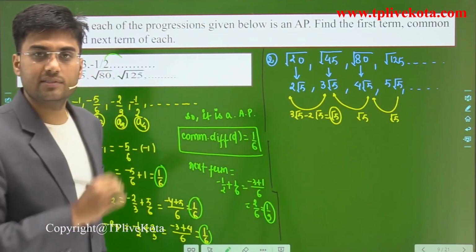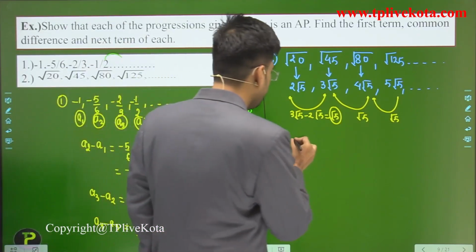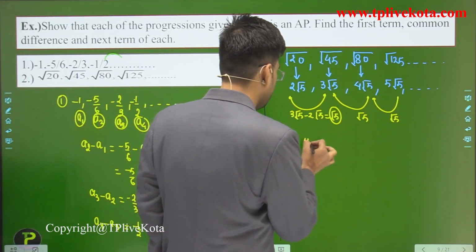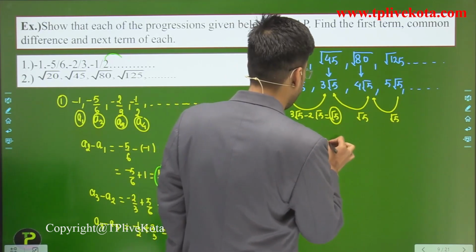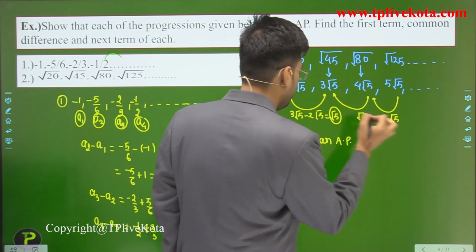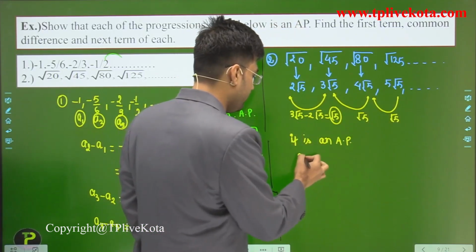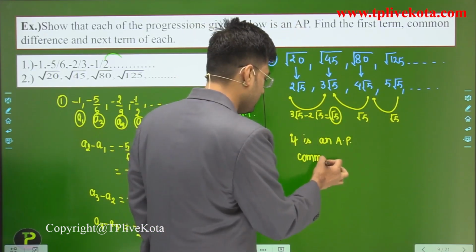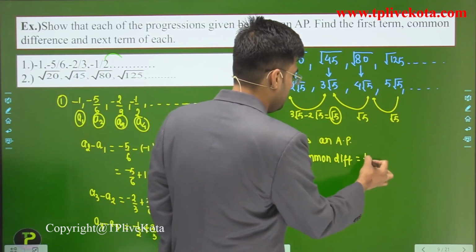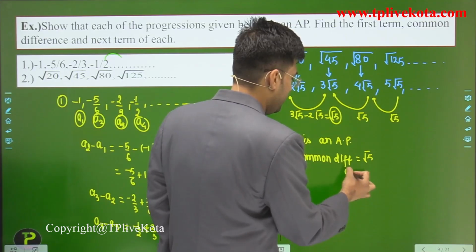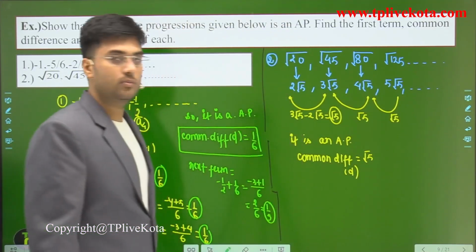So all the differences are the same, so we can say that it is an AP. Clear? And what is the common difference? The common difference is equal to root 5, and we represent this common difference by small d.